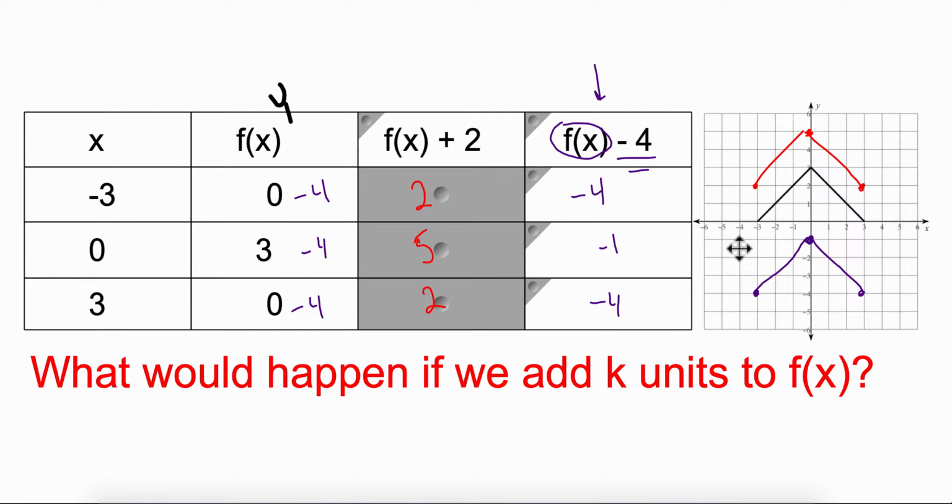What would happen if I subtracted k units? It would go down k units, right? So you want to think about this for a second. Anytime we are adding or subtracting a value to our function, it translates the graph in the same direction. Adding, I'm going to go up. Subtracting, I'm going to go down.